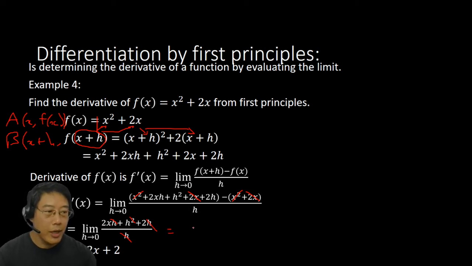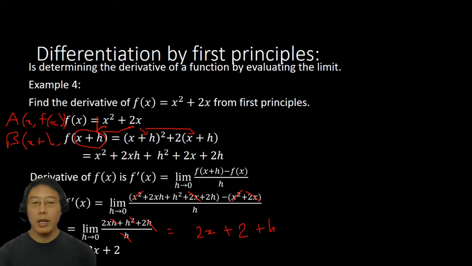Before you do the limit, you will have 2x plus 2 plus h. Okay, but when you do that limit and you make h converge towards 0, you just substitute h into here, that cancels out, and what's left is 2x plus 2.